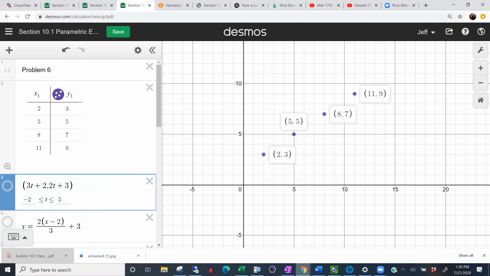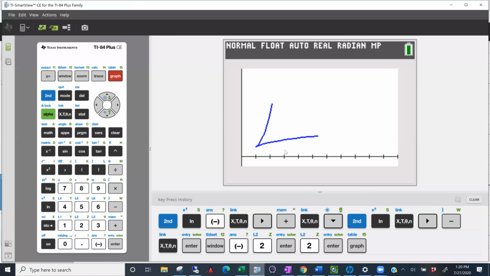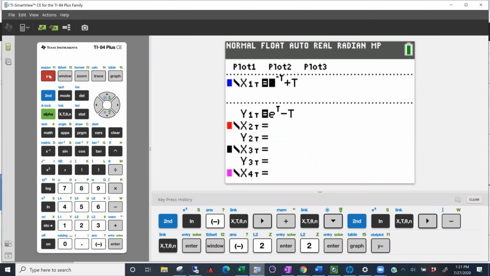So let's come back then to this example. Okay. So there's your graph. But it's hard to see which way this one got traced out. So I'm going to do something a little cute here. If you press your y equals key and cursor to the left of the equations, you should get a little box like this.